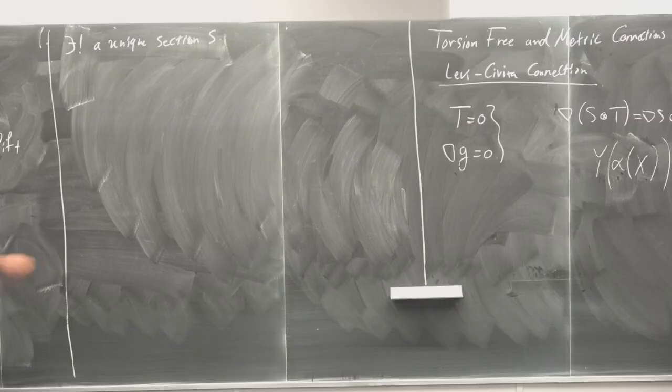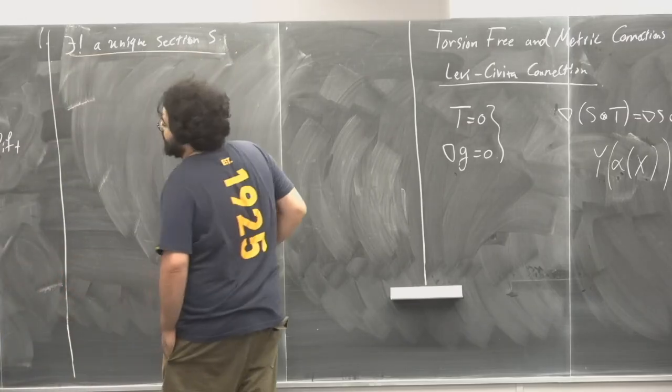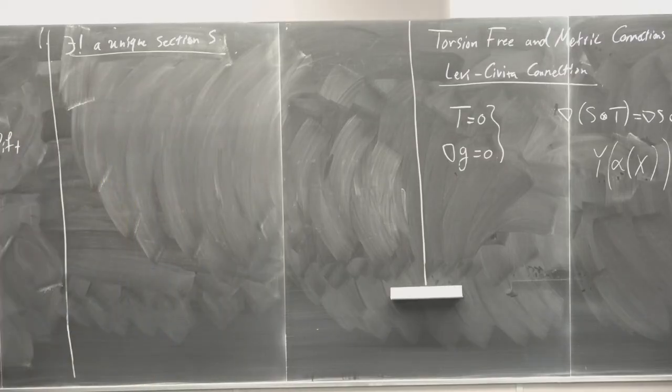And why is that true? Well, this equation, along with the condition that S at the point P is equal to S0, just gives you a system of differential equations, and you can use the existence and uniqueness theorems of ODEs to show that you'll have a unique section.